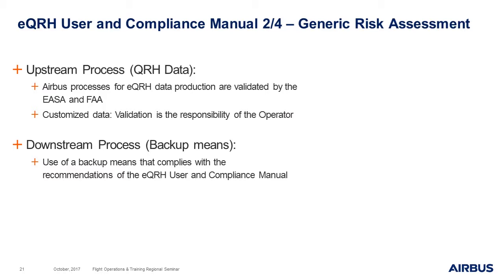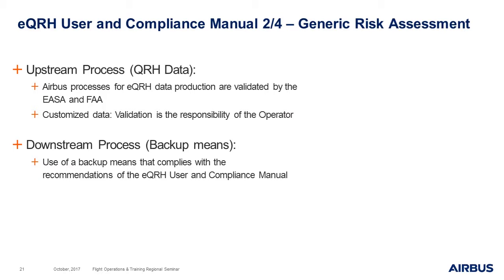For the upstream processes, we identified some risks that may be linked to the QRH data used by the eQRH. To mitigate this risk, the EASA and FAA audited and validated the Airbus process to produce the QRH data.